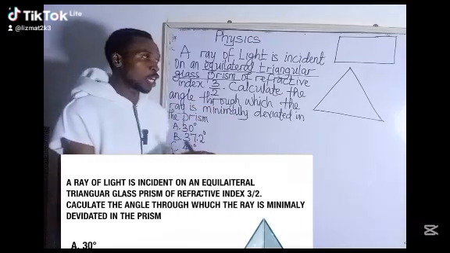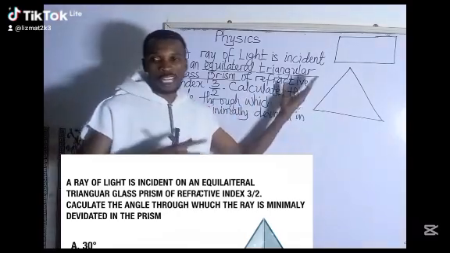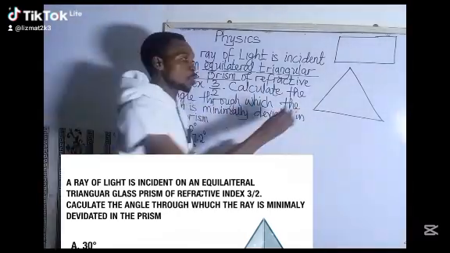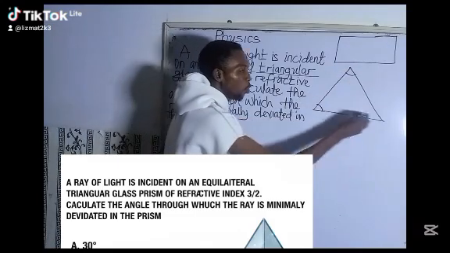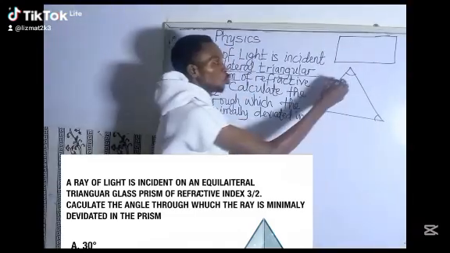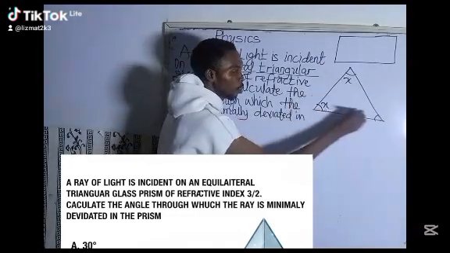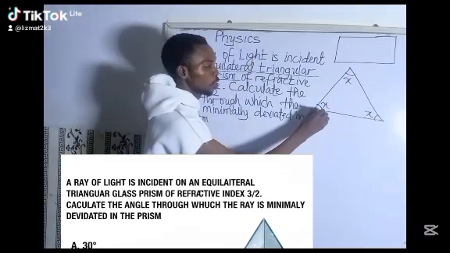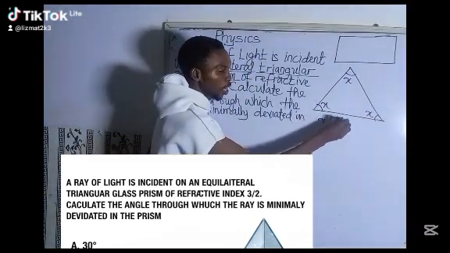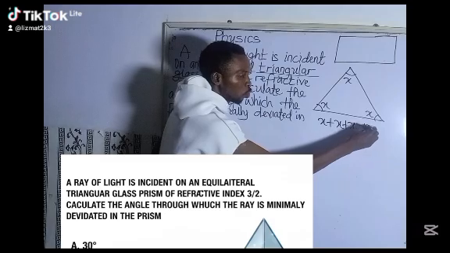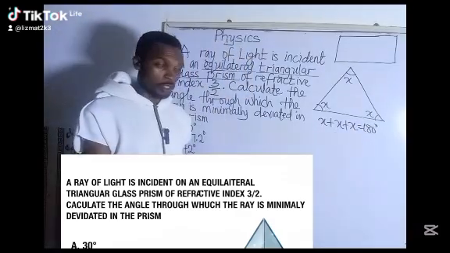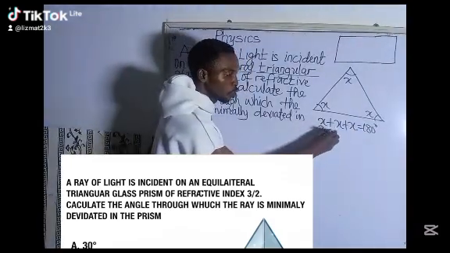And this triangular glass prism is an equilateral triangle. And you know the meaning of equilateral triangle. In an equilateral triangle, all the angles are equal. So if this is angle x and this is angle x and this is angle x, of course, if you add the 3 x's together, x plus x plus x, you get 180 degrees. So x plus x plus x will give us 3x.